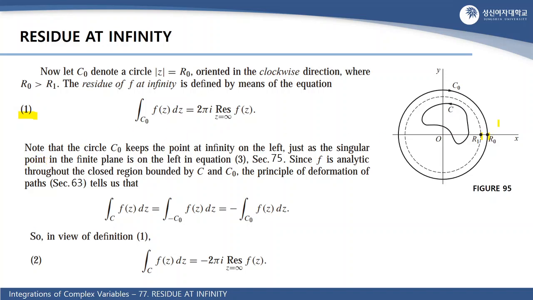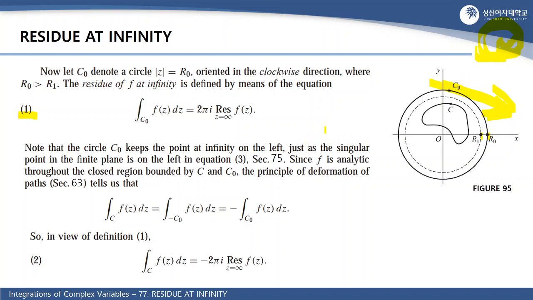Here, note that the circle C0 keeps the point at infinity on the left, when we consider the direction of the circle C0. So the point at infinity is on the left side.